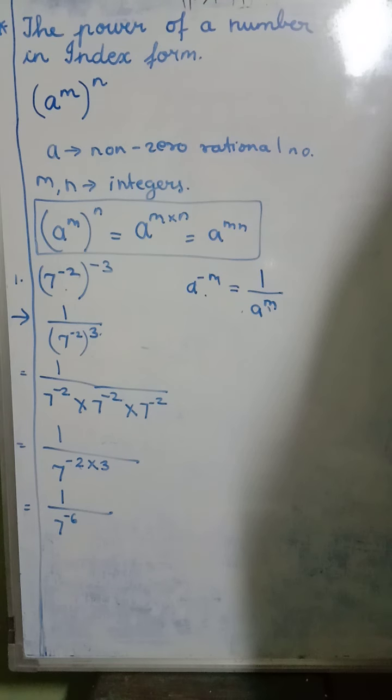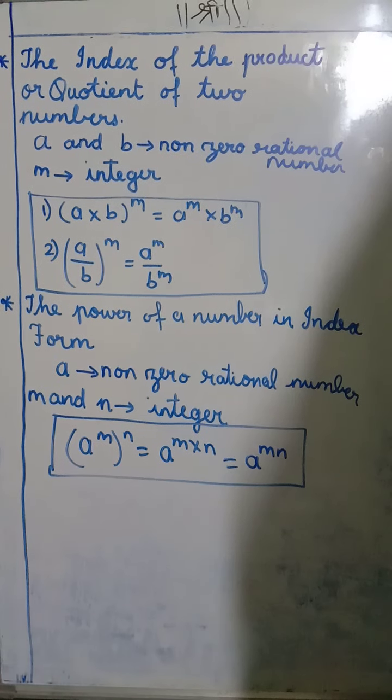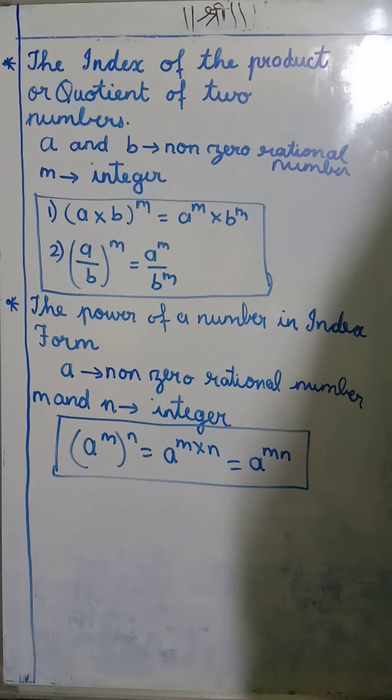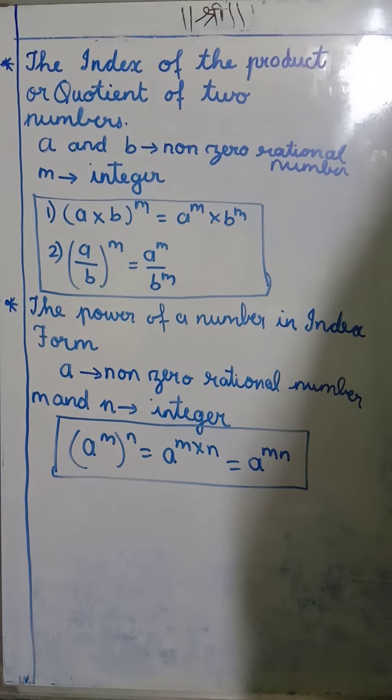Now again, can we change this? If we take this to the numerator, it will become 7 raised to 6. Write down the notes shown on the screen. You can take help of page number 47.